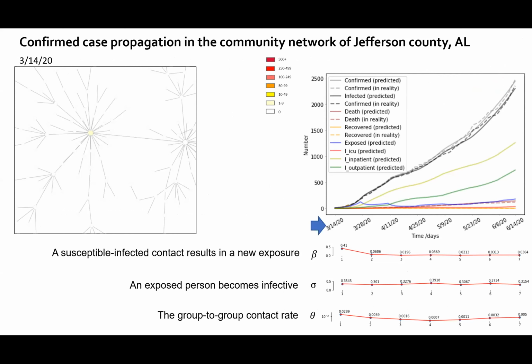To provide you a better understanding of this N-SEIDR, we show the confirmed cases propagation in the community network of this Jefferson County, step by step. Remember, these three parameters have an influence in this confirmed case propagation. Therefore, we observe that the first window has the largest beta, theta, and sigma.